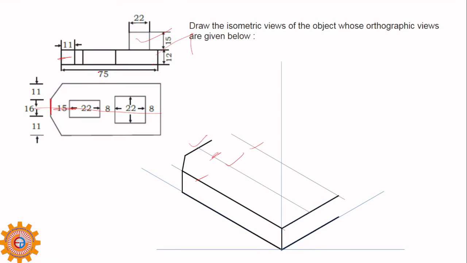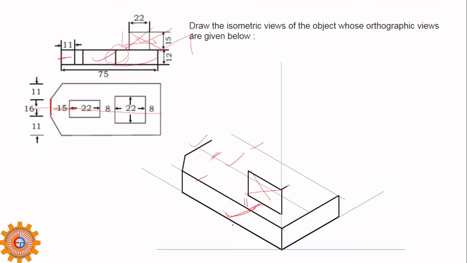So if you observe clearly, you can understand. Okay, if you clearly observe, in the front view, this appears as this one. Those are hidden lines actually, but here they appear as a continuous line. Okay, so this is this line, and this part I have drawn as this, and it is at a distance of 11.